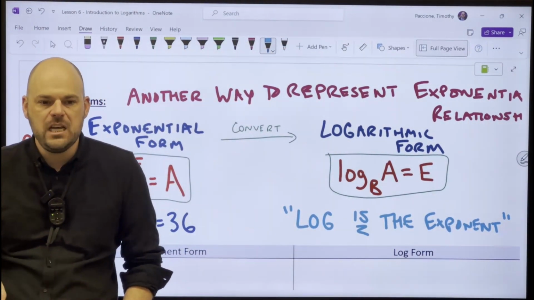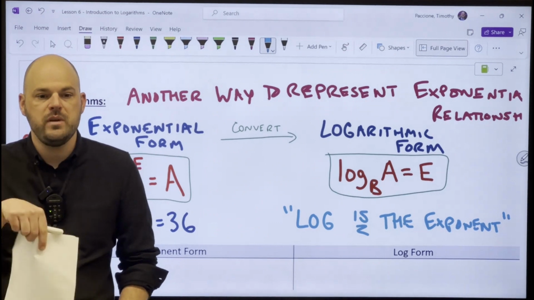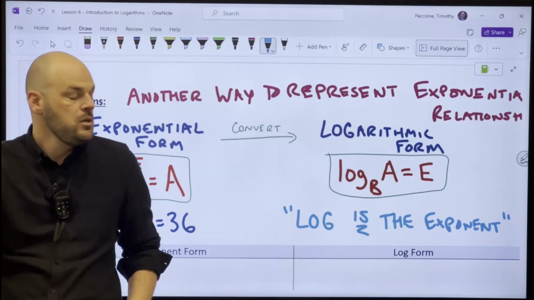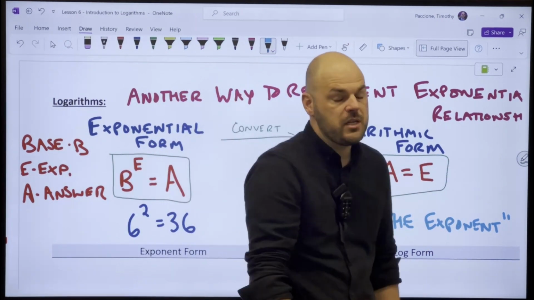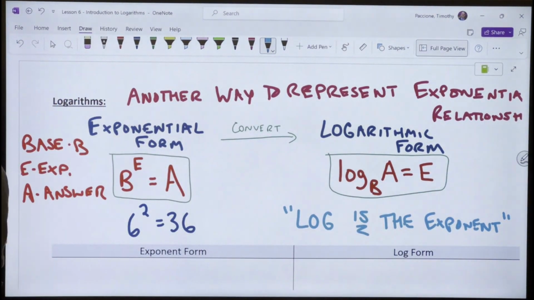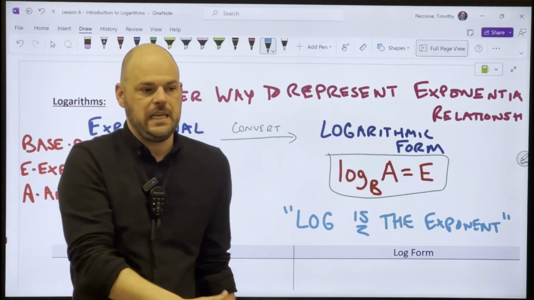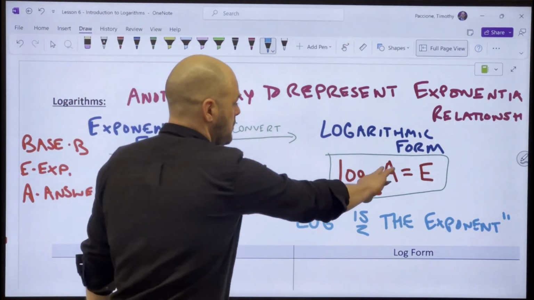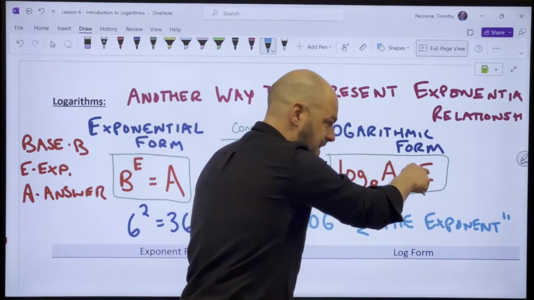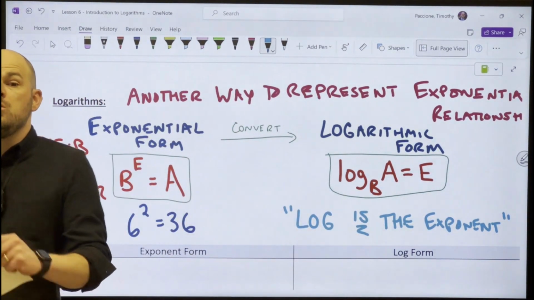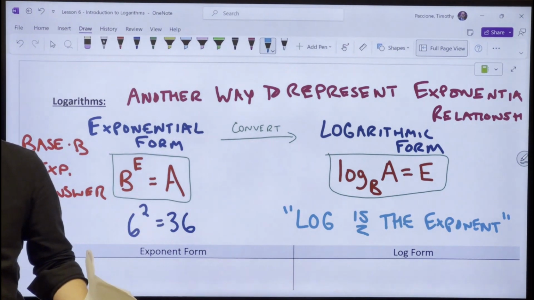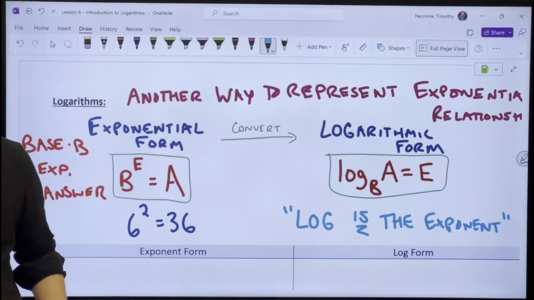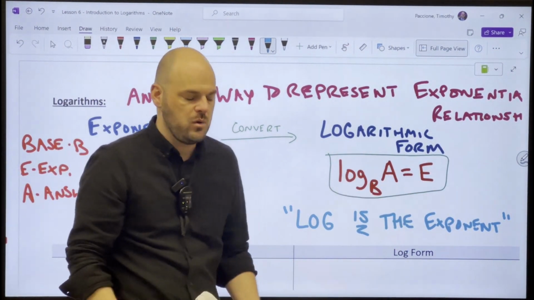It's equal, right? So when we say is, we mean equal. And look, the log is the exponent, right? So if you're trying to find an exponent, use a log because it is the exponent, right? Its answer, not that answer, its answer is the exponent. So it really helps us when we have a missing exponent, an unknown exponent, right? We use a log and suddenly it's by itself on one side of the equation, okay?